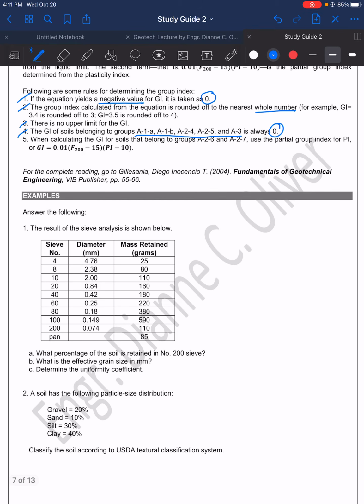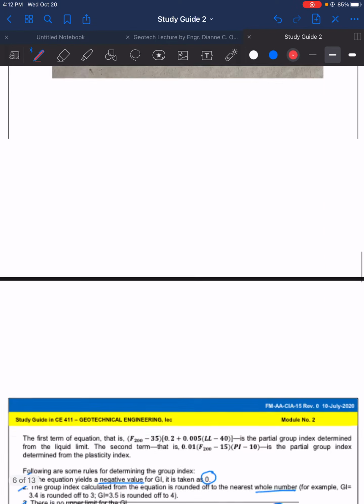Next, number 5. When calculating the GI for soils belonging to groups A-2-6 and A-2-7, use the partial group index for PI, or that is GI is equal to 0.01 (F sub 200 minus 15) times (PI minus 10). So that is if it falls here.